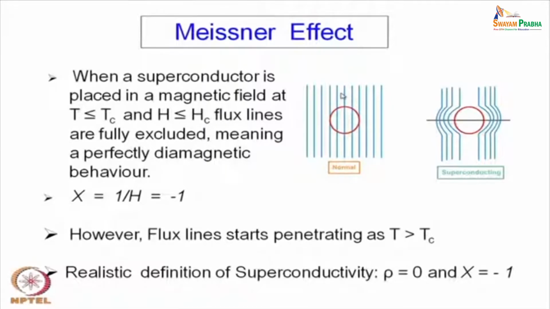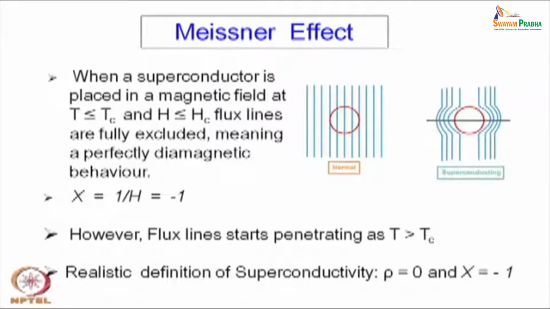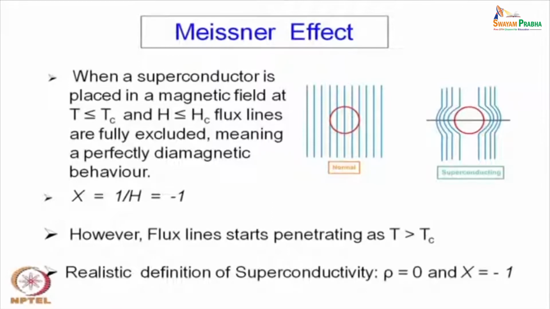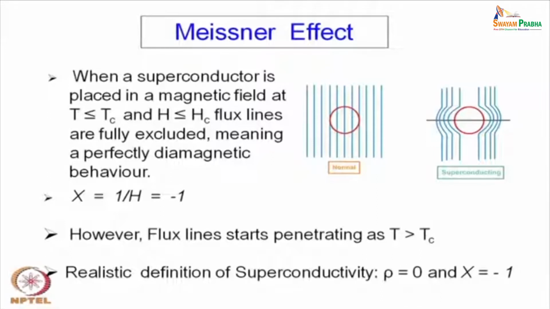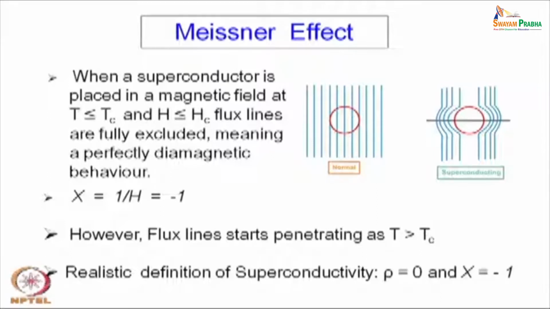So, the realistic definition, with this discussion, because there is a strong correlation with the magnetic field, a better definition of superconductivity is that not only must it have 0 resistance, the rho must be 0, but also chi, the magnetic susceptibility, should be -1.